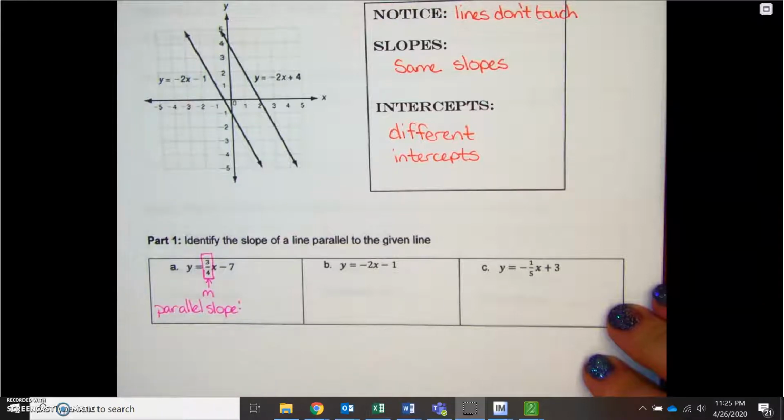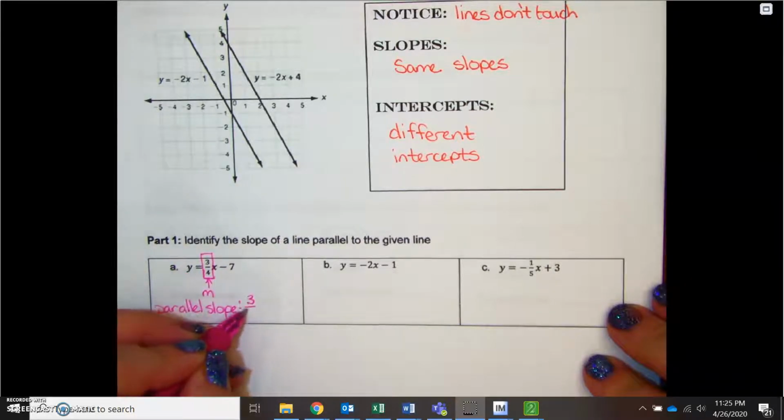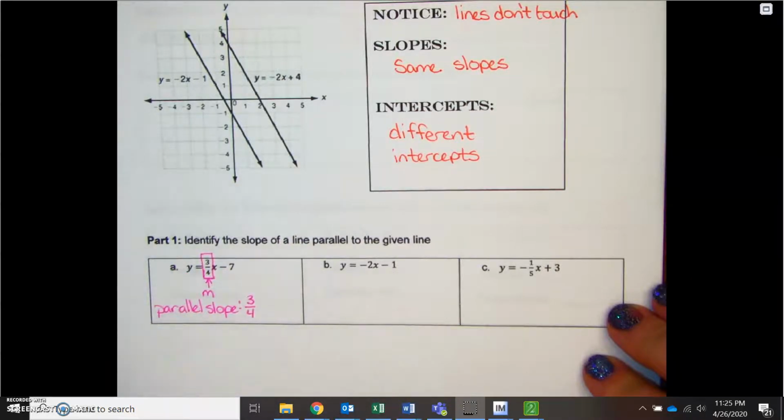And that should be the same exact slope as the line that's given. So the parallel slope is 3/4. You might also see parallel slope written with two sideways or slanted lines. That just means parallel.